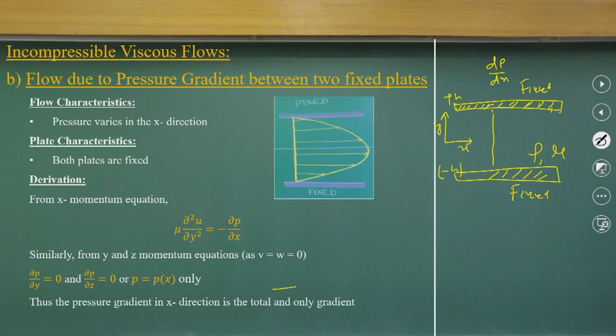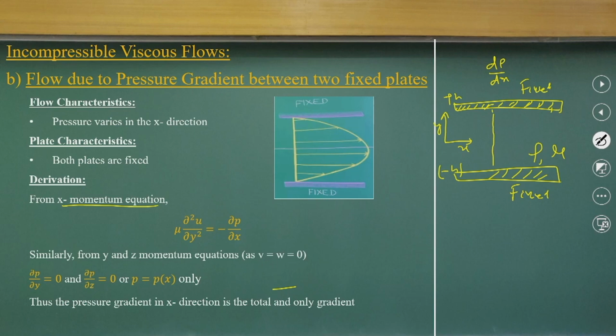If you approximate it the same way, you will get the very basic x momentum equation. I am not deriving step by step, you can always follow the F. M. White book, like the last example I did, cancelling out all the terms which are 0.